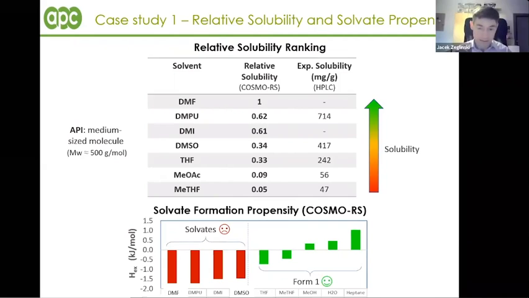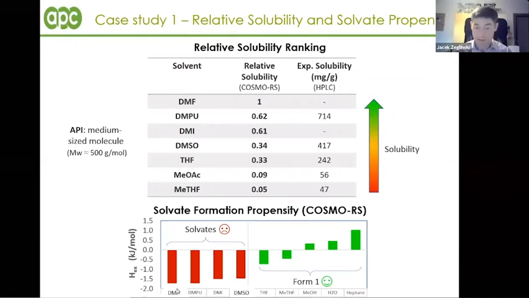And then, as you can see, the red colored bars indicate those solvents where solvates were identified. So those are the predictions. You can see the excess enthalpy values. But those are also validated experimentally.